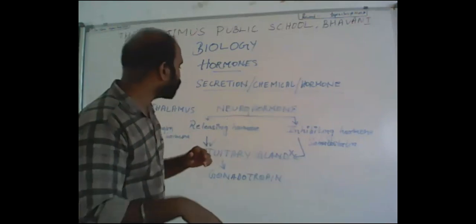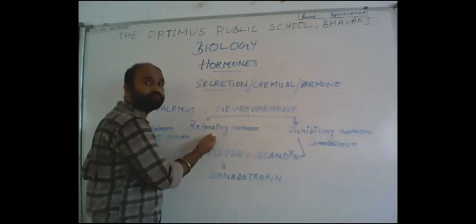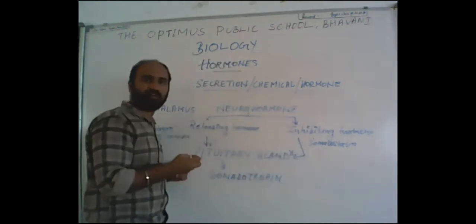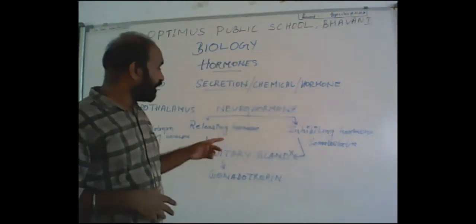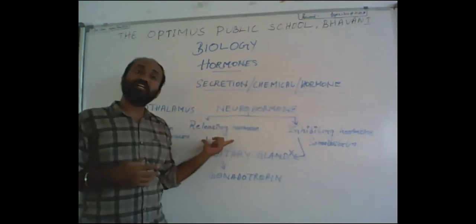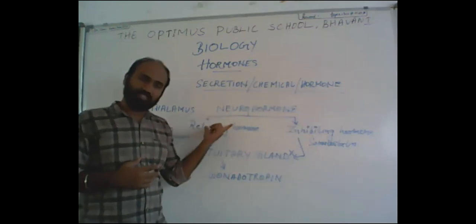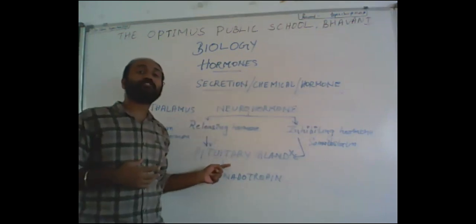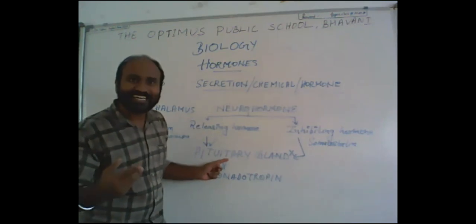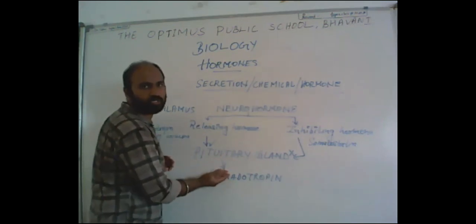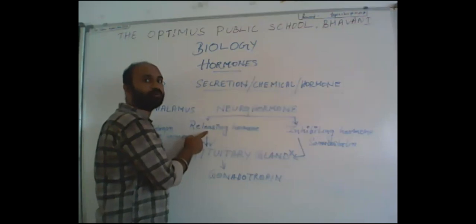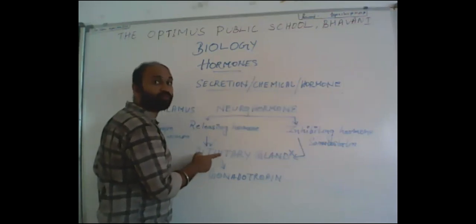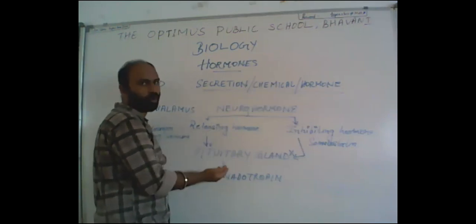Two types of neurohormones are there: releasing hormone and inhibiting hormone. Inhibiting means stopping, releasing means activating some gland. What do you mean by releasing hormone? Releasing hormones are those secreted by the hypothalamus which activate the pituitary gland to release its own hormones. That's what is called a releasing hormone.